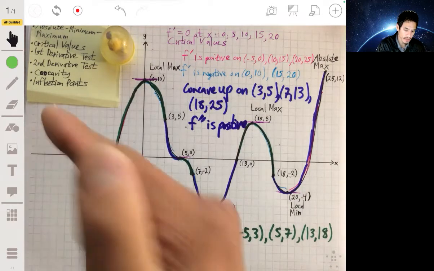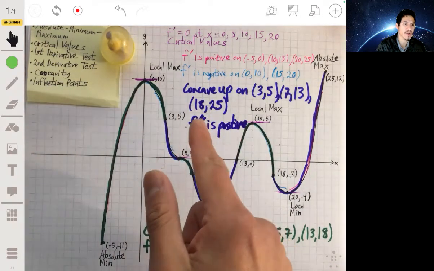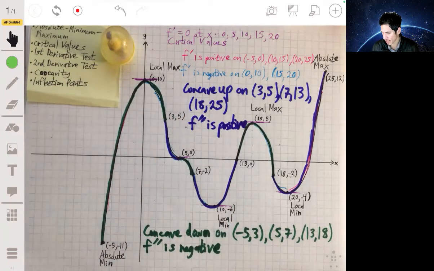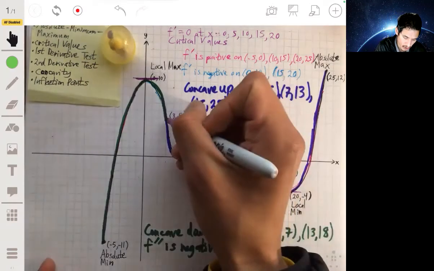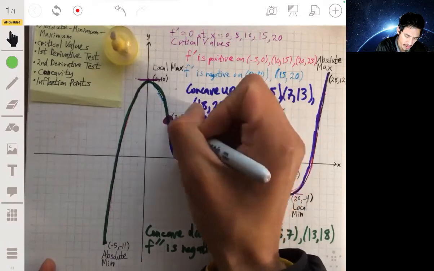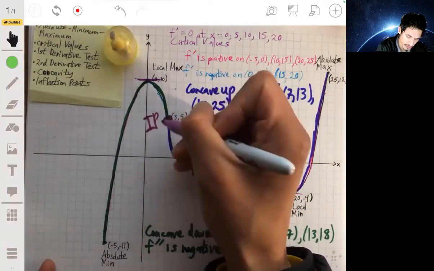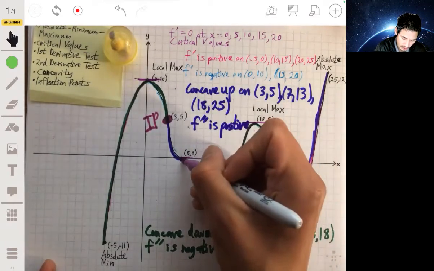Now, inflection points are just going to be where the graph changes from concave up to concave down. So you would have inflection points over here, and an inflection point here. We call it IP, inflection point there. An inflection point over here as well.